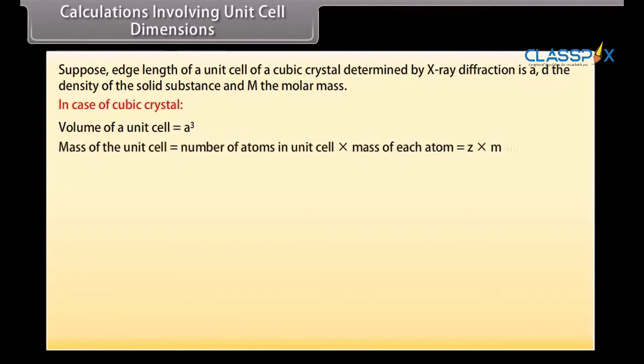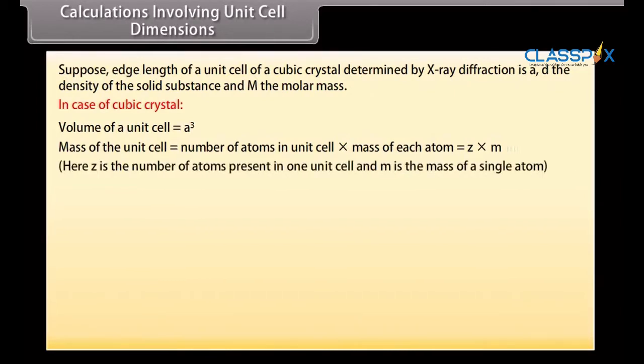Mass of the unit cell is equal to the number of atoms in the unit cell times the mass of each atom, which is equal to z times m. Here, z is the number of atoms present in one unit cell and m is the mass of a single atom. Mass of an atom present in the unit cell, m, is equal to M upon Nā.